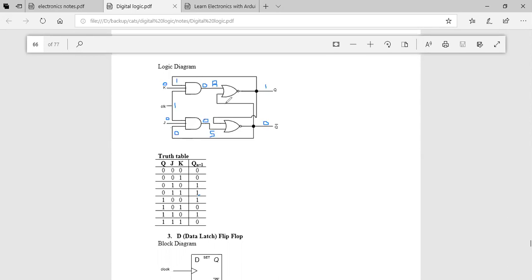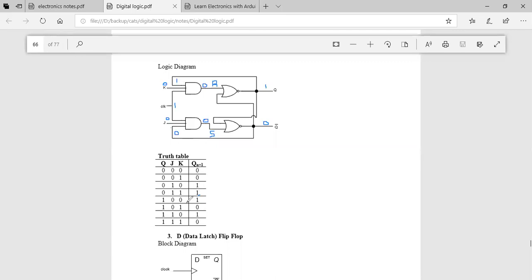When R is 0, S is 0, what do you expect? No change. But what's our no change? 1. So this is 1.